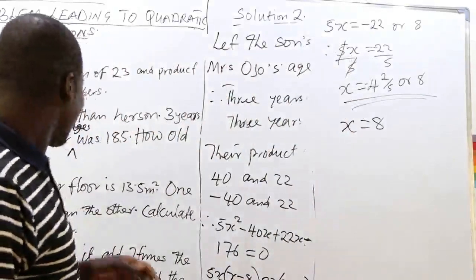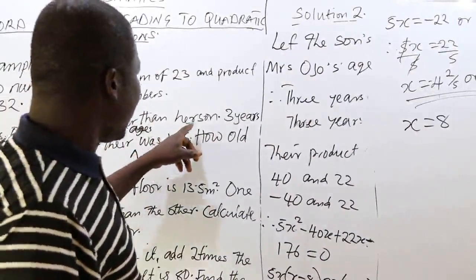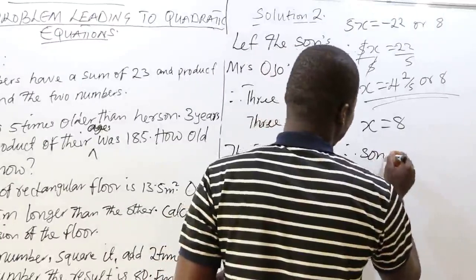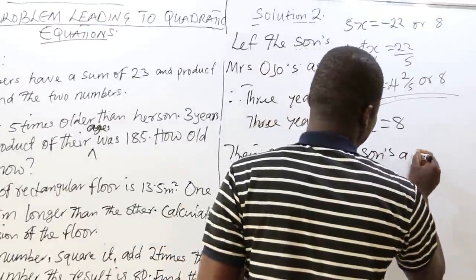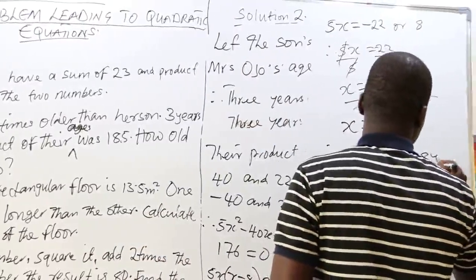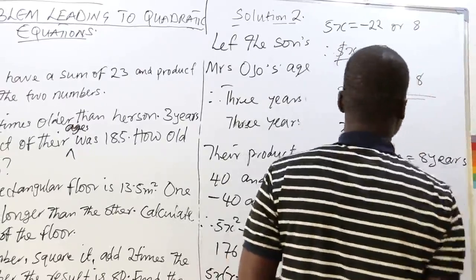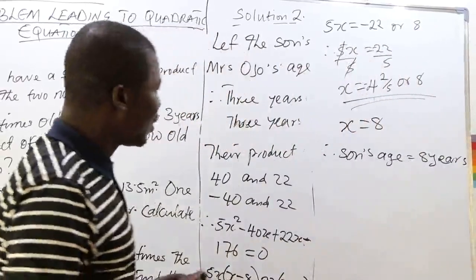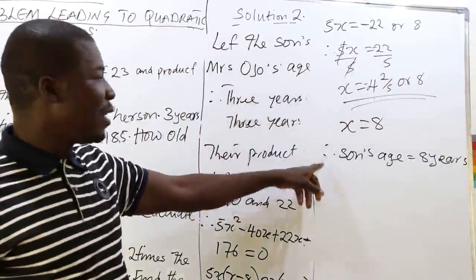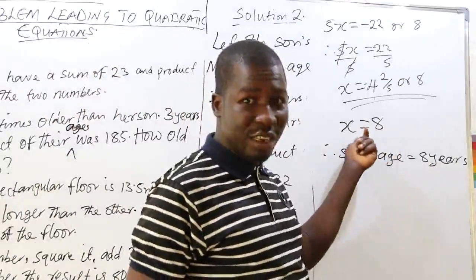Now from the sentence, because we said let x be the son's age, the son's age now is going to be 8 years because our x is 8.